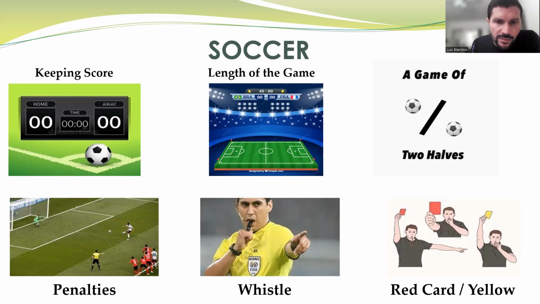So again, the referee is the one who uses the whistle to stop the game and to make you aware of your mistake, if there's a penalty taking place or if you got a yellow or a red card, depending on how serious your mistake was. Any questions about this slide right here? About the length of the game, about keeping score, about the referee who uses the whistle?